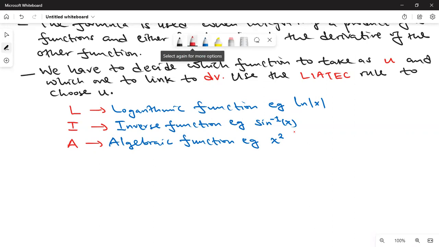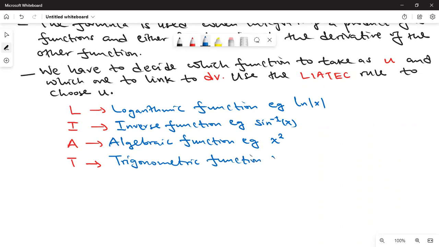Then we have T, which means trigonometric function. An example is cosine of 2x.